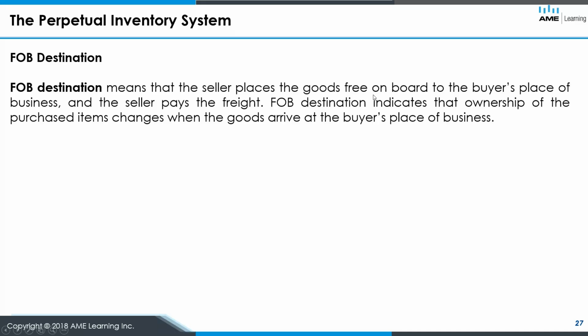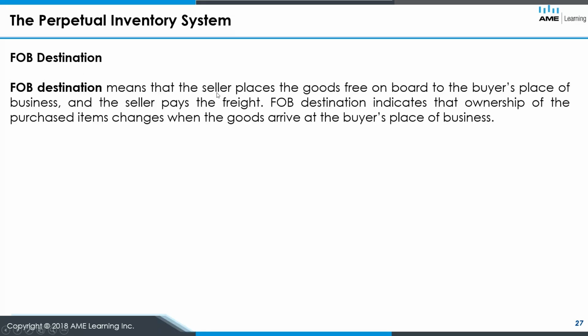And in this instance, if we have this as a part of our contract for purchase, that means that if something goes wrong, if the inventory is damaged or lost while it's being shipped, the seller, the manufacturer, is the one who would have to incur that loss, because the ownership only changes when it arrives at our factory, warehouse, or wherever it is at our store location, basically.